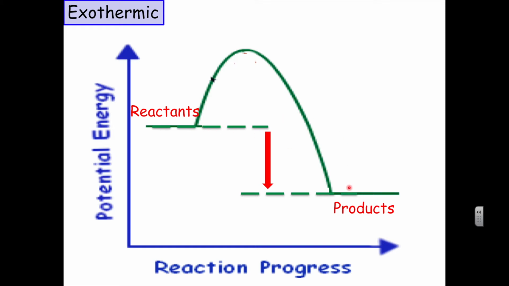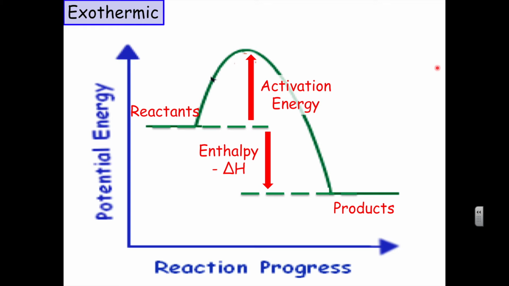Because the heat has come out of it. This little arrow right here is the activation energy, and this arrow is the enthalpy. This change in enthalpy, from here to here, went down. So since it went down, it is negative. That's why we have a negative for an exothermic reaction.